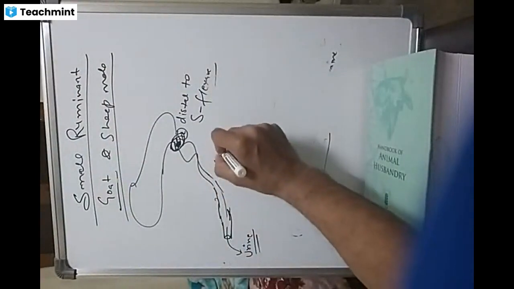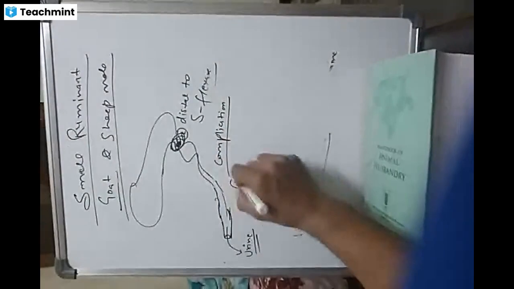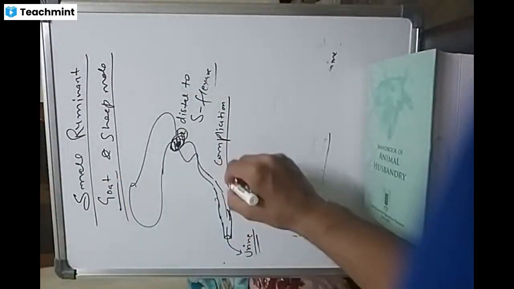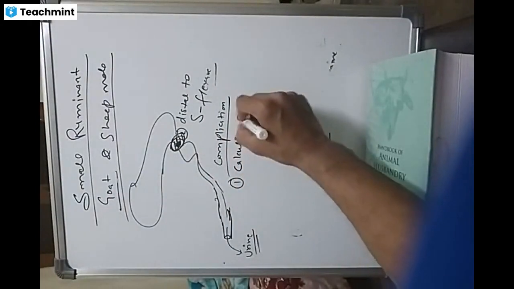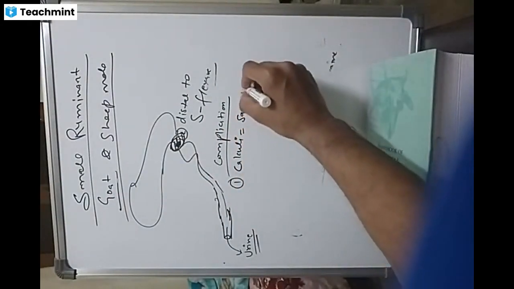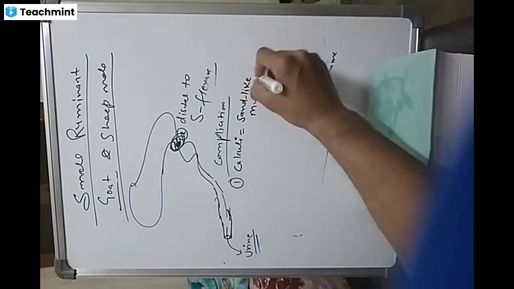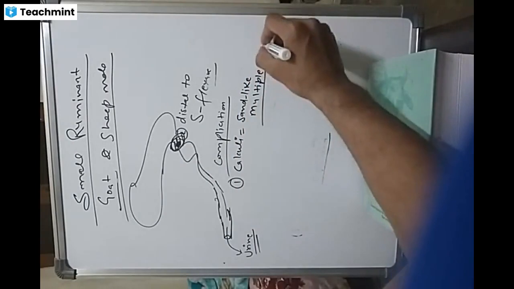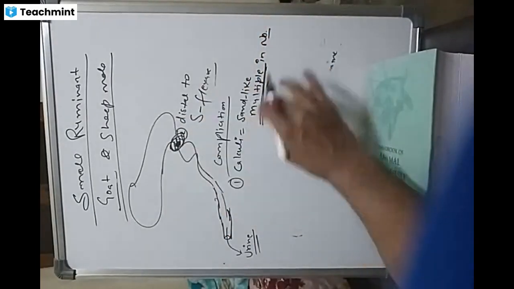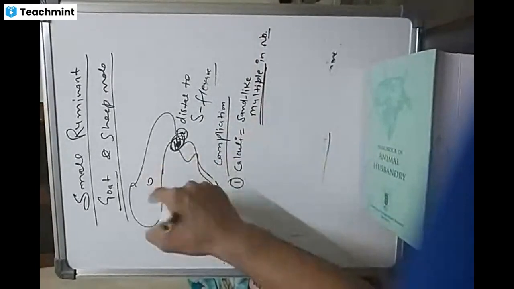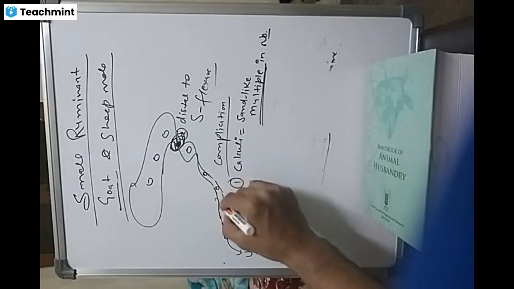But the complications of this: the first complication is that the calculi are sand-like and multiple in number. So what is the significance of multiple in number? It means one calculus is present here, one is here, one is here, one, one, one.